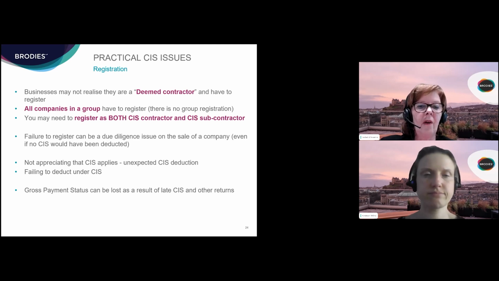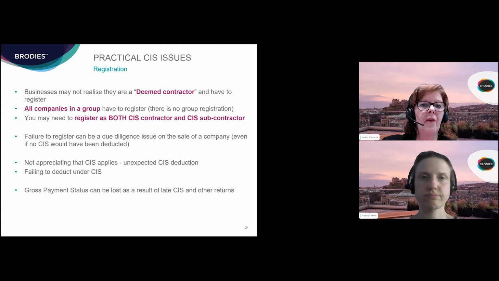HMRC did do a lot of looking into the CIS and policing it before COVID started. That has all fallen by the wayside, really, because of the state of the construction industry and the challenges it has faced and so on. But who knows when that might start to come back if the revenue get more resources to apply to the CIS.